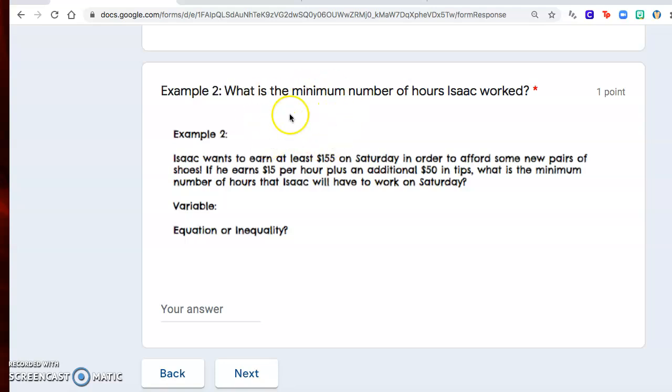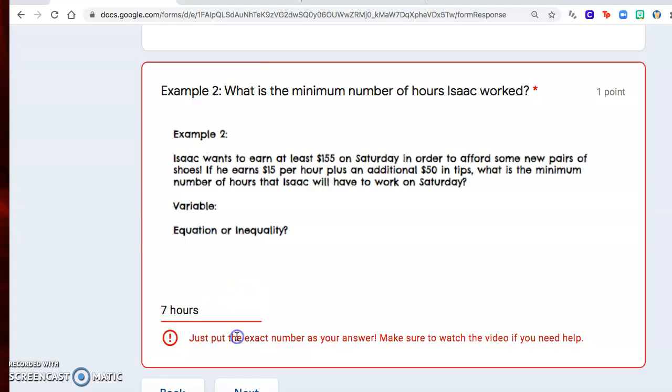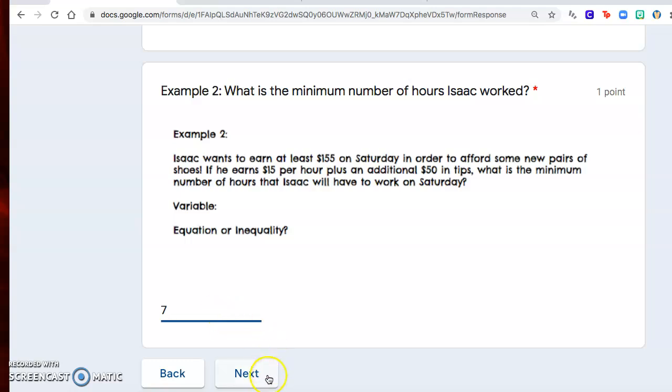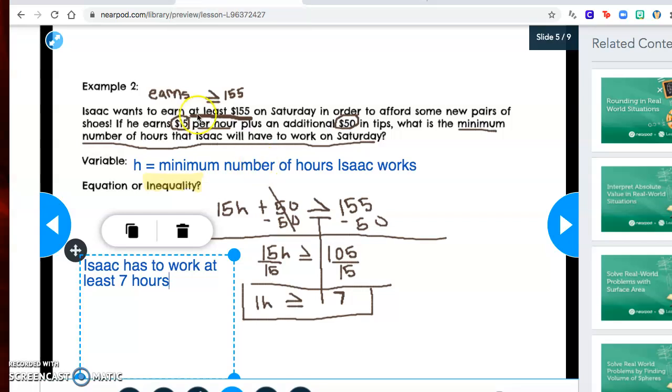What is the minimum number of hours? All you have to do is put 7. It's going to tell you to just put the exact number. So you just press 7, and then we go ahead to example 3. And make sure you have this down.